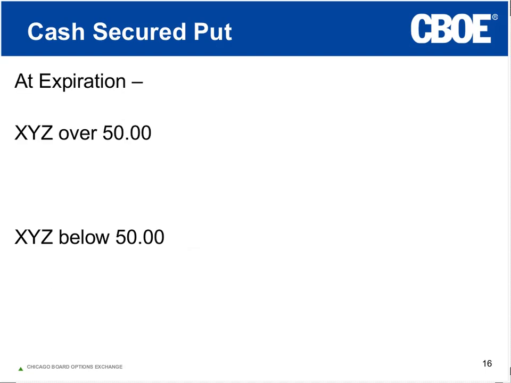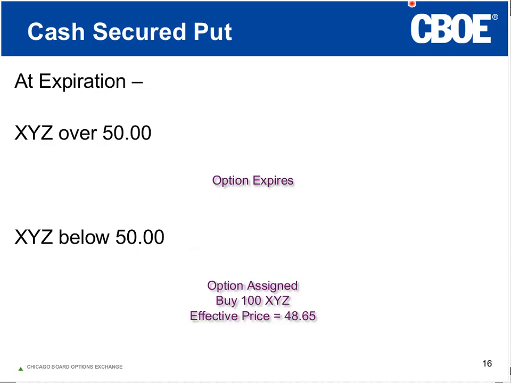Now, again, two situations that could possibly occur at expiration. If XYZ is over 50, that option contract expires out of the money, and that $1.35 that we took in to sell it is our profit to keep. If XYZ is below 50, this is where some action takes place: we get assigned on that short option contract, and we end up buying 100 shares of XYZ.